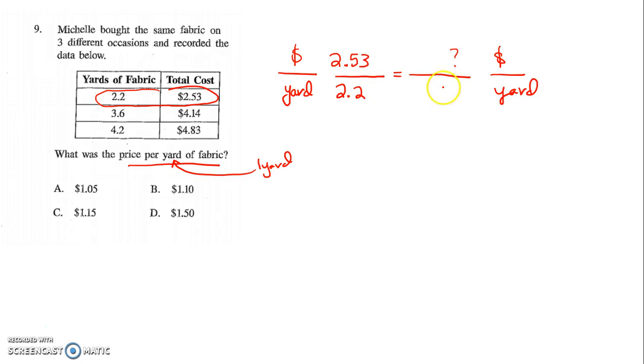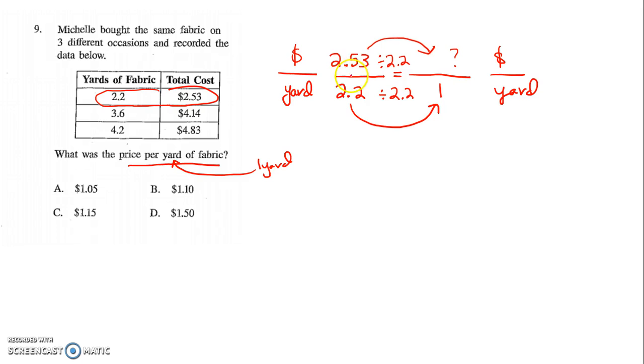How much money for just 1 yard? How do you get from 2.2 down to 1? Divide by 2.2. If you look at the numerator, 2.53 divided by 2.2 is what? That will tell us how much for 1 yard.